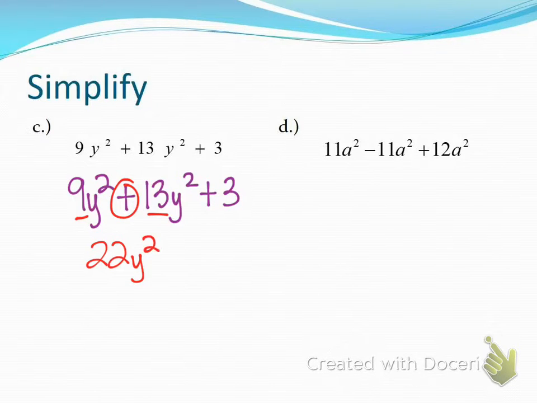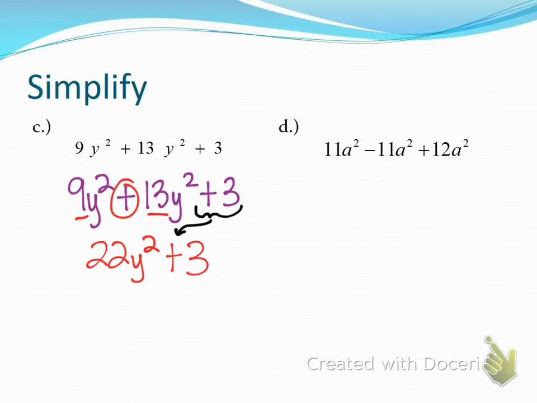The variable part does not change. What do you think has to also be part of my answer? The plus 3. So if there's nothing to combine with it, it still just drops down and becomes part of your answer. So this piece just had to move down and stay on the end there.